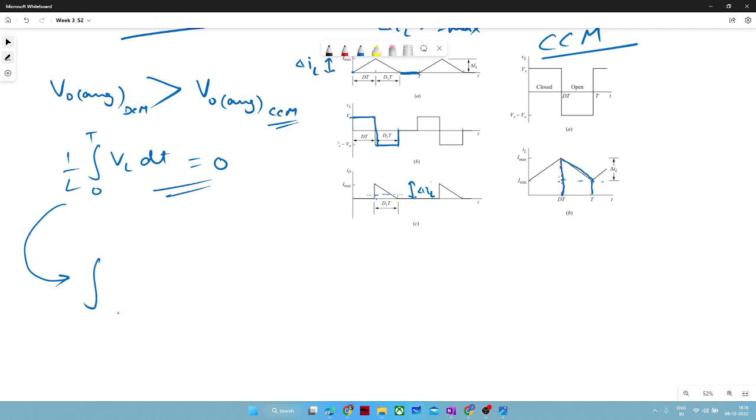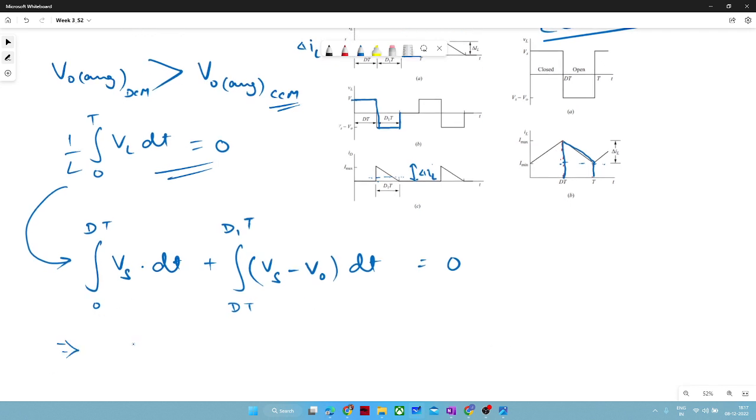From 0 to DT, the value is Vs, plus for the D1T period, the value is (Vs minus V naught), equal to 0.